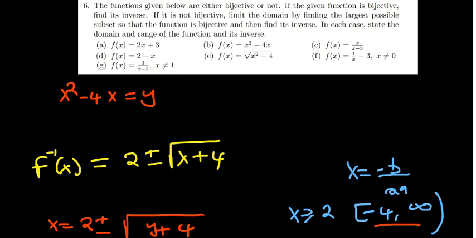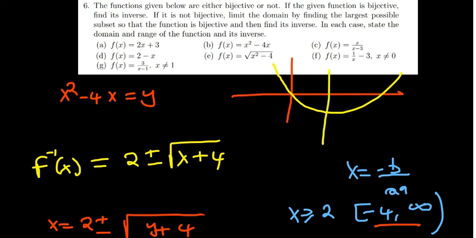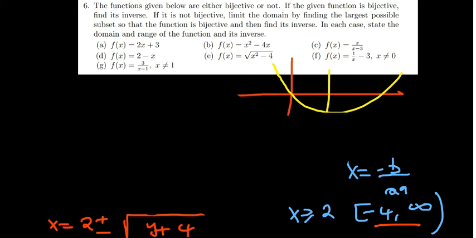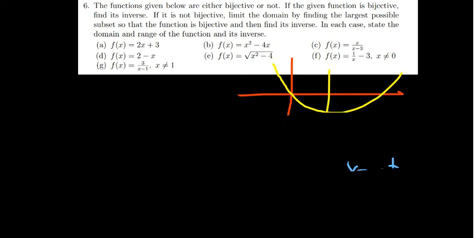Looking at the side that we had picked for restricting our domain, we chose the positive side, right? We chose the positive side. So if we chose the positive side, then we remove the minus. Okay. So that's where we are. We found our inverse function after restricting the domain. So the range has already been found, the domain has already been found.